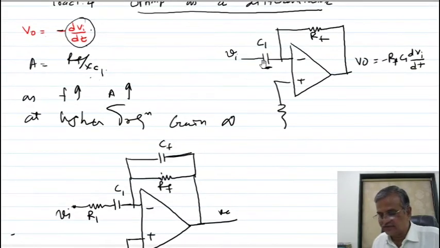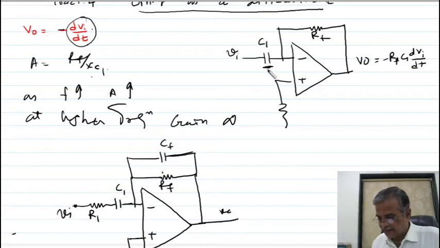Second, as frequency increases, the input impedance of this circuit decreases, because the reactance decreases, and the circuit becomes very sensitive to noise at high frequency.